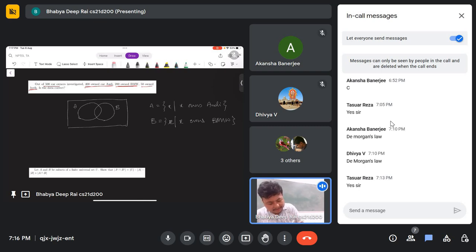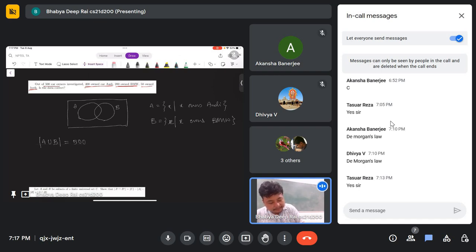Now what are they saying? What is size of A union B? Size of A union B is all the car owners. They own either Audi or BMW, so we'll assume that without loss of generality. There are a total of 500 car owners, and out of them 400 owned Audi, 200 owned BMW.